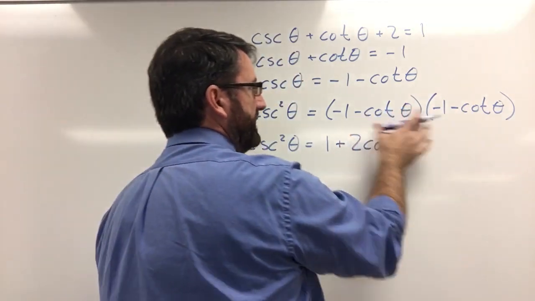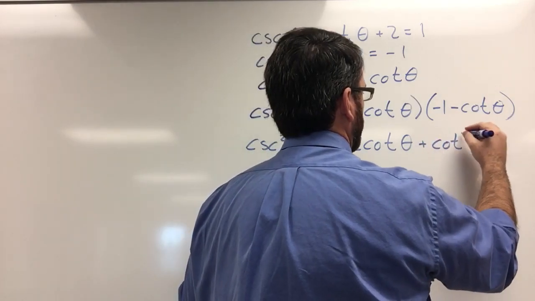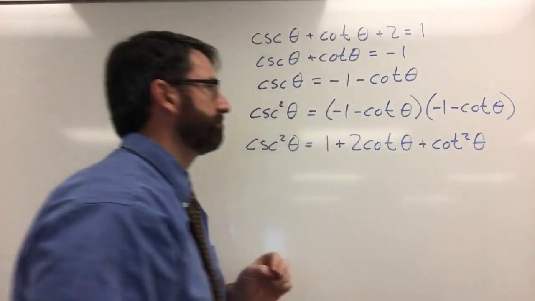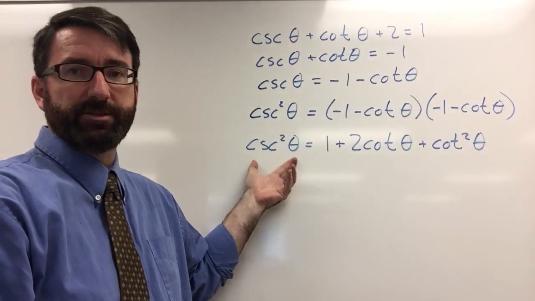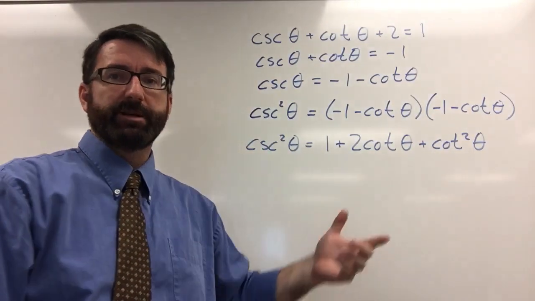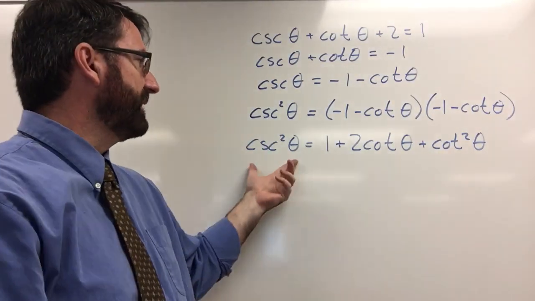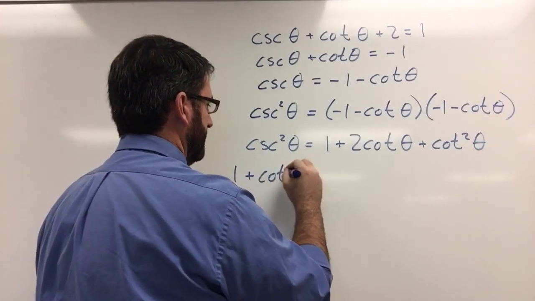And then negative cotangent theta times negative cotangent theta is positive cotangent squared theta. Now we've got a cosecant squared, and we know that cosecant squared is equal to 1 plus cotangent squared. So we can replace this cosecant squared with 1 plus cotangent squared.